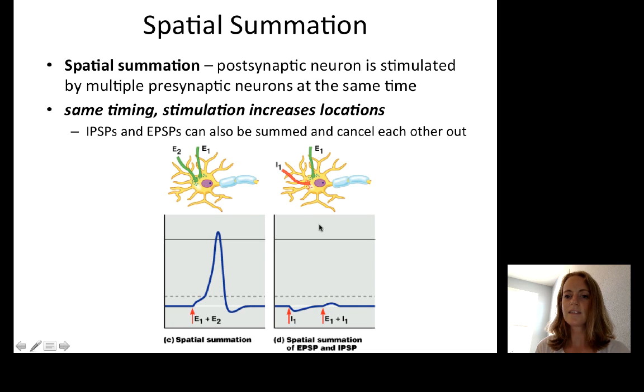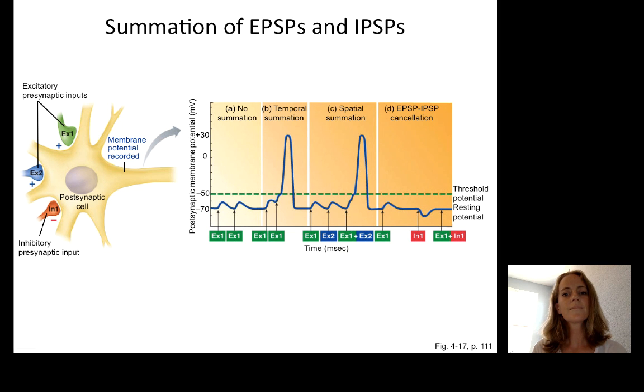So in that case, even though we had two neurons active in space at the same time, one of them was inhibitory and it canceled out the excitation from the other one. So neurons are always adding together their inputs, taking in all the information from everybody that is talking to them and deciding whether to continue on the signal.